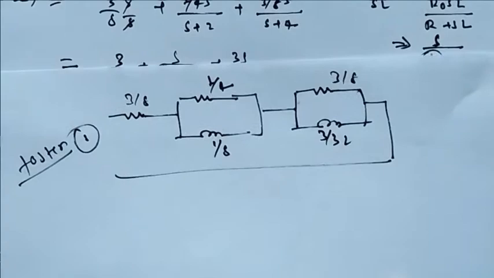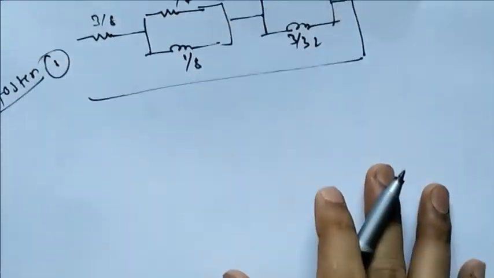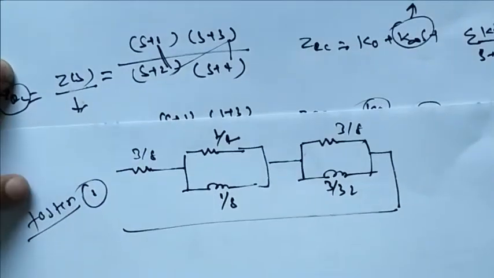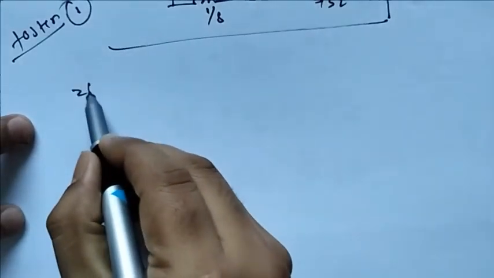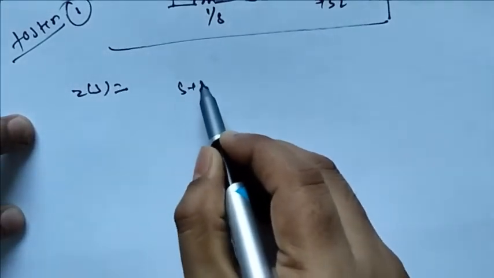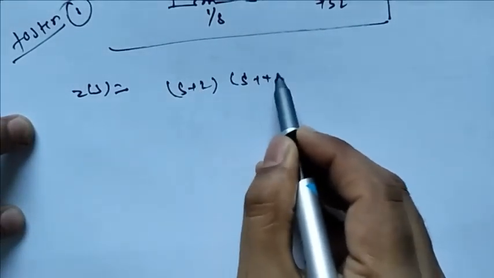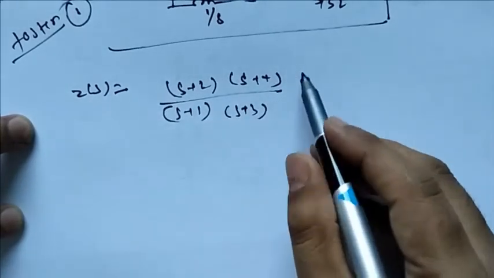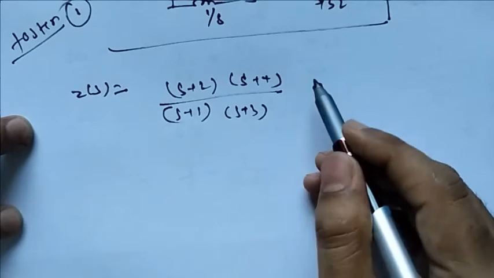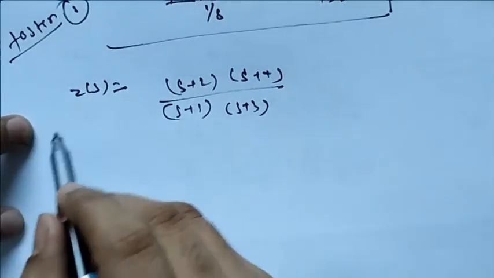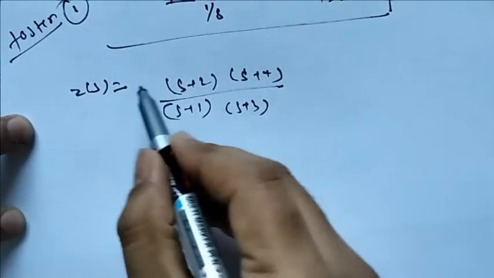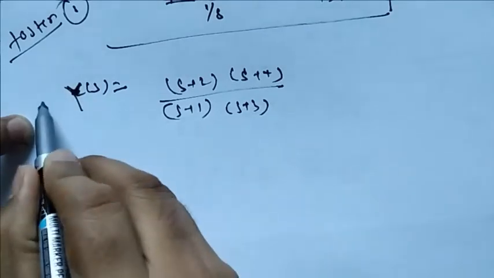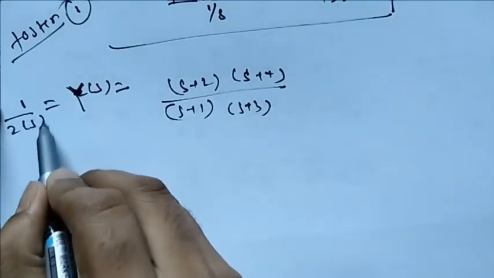Now for Foster 2 form, again taking this function, Zs is equal to s plus 2, s plus 4, s plus 1, and s plus 3. Now this is your Zs. Now this is your Ys, because we have taken the inversion of 1 by Zs.